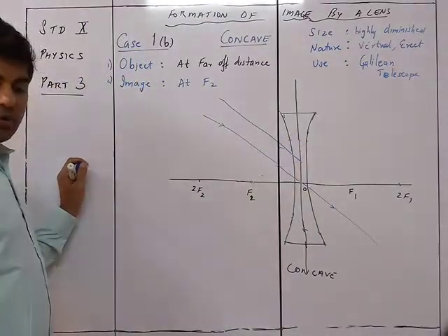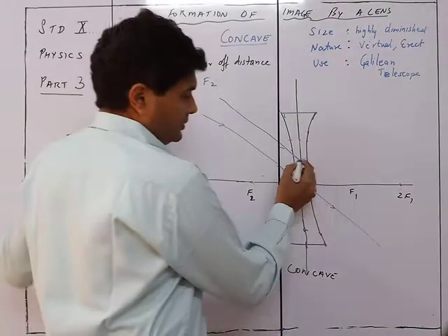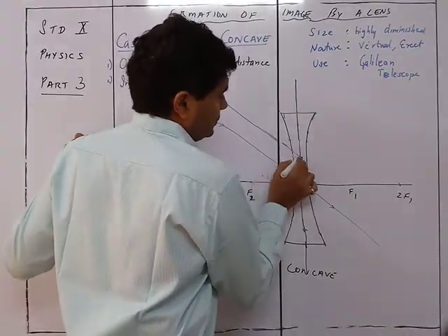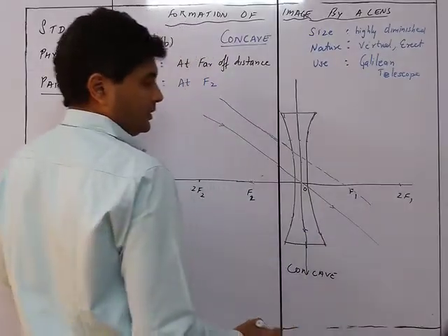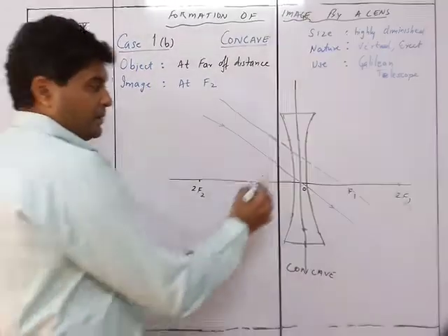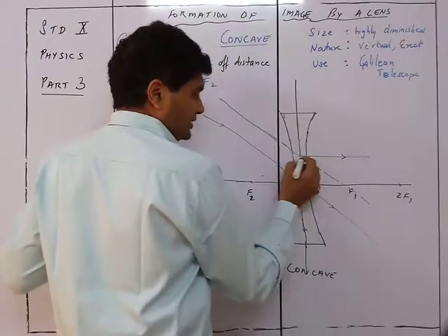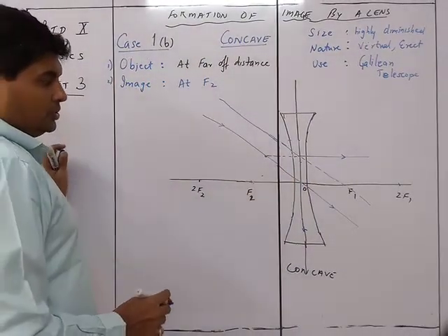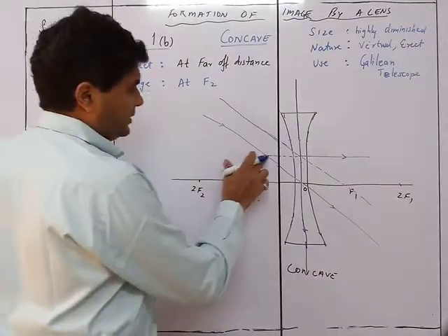Now this one is going to pass through F1. So you know that this one also needs to pass through F1, and then it will become parallel to the principal axis. So this has to go backwards. It intersects over here.